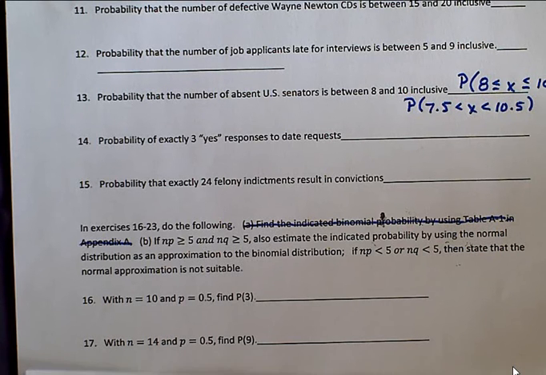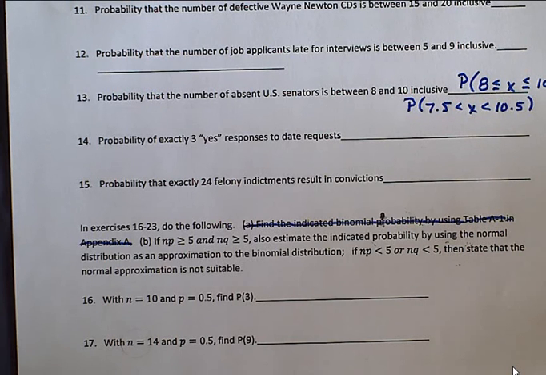Your first step on number 20. So I want to take NP, which would be 8 times 0.9. And I want to take NQ, and that's 8 times 0.1. Okay, so multiplying, it's 7.2, and you get 0.8.